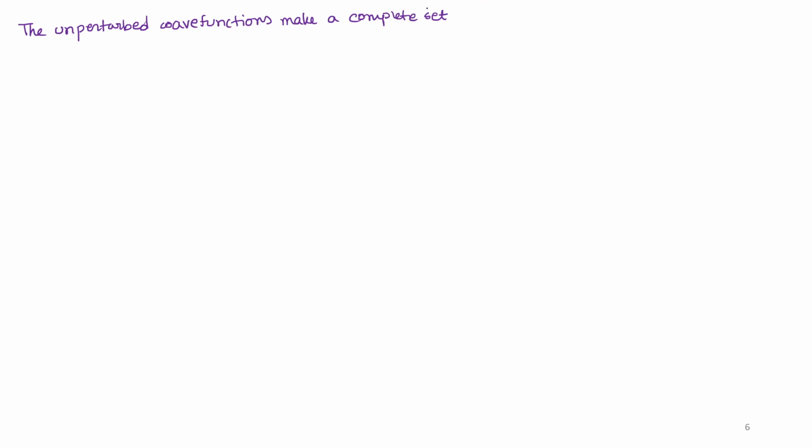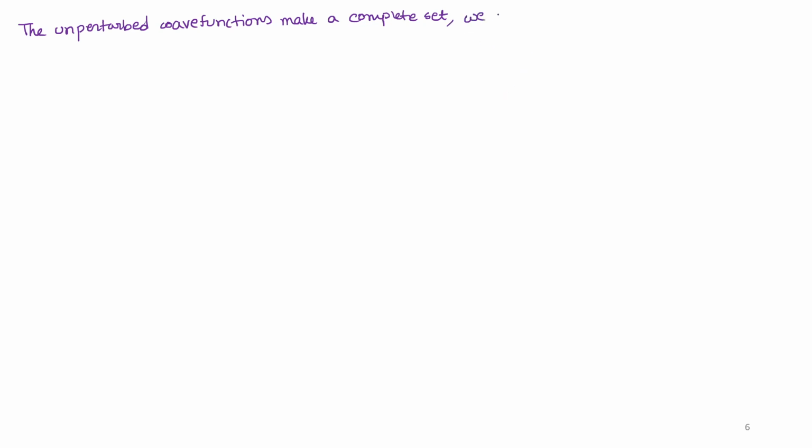That is what we mean by complete set, and the unperturbed wave functions are orthonormal to each other, meaning they are orthogonal as well as normalized, and that is how they are a complete set of a particular operator. And now we can write any wave function with a linear combination of these unperturbed wave functions.